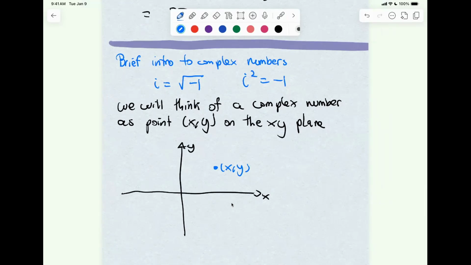Usually the way you refer to any complex number is you call it z. So I'll write this as z, instead of p for point, right? I could have written equals p for point, but the way to refer to these is by using the letter z.